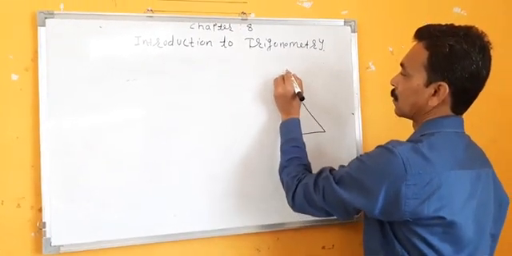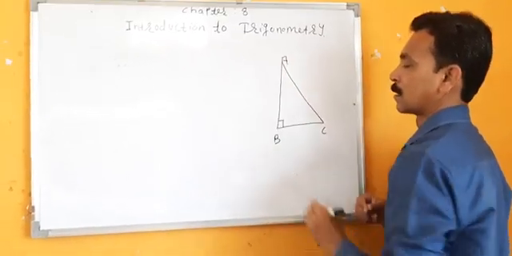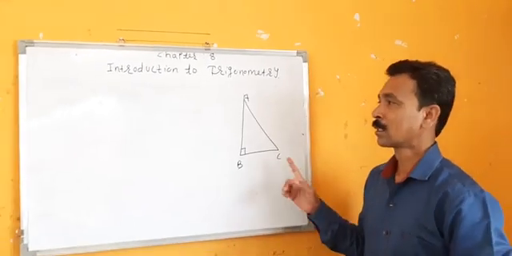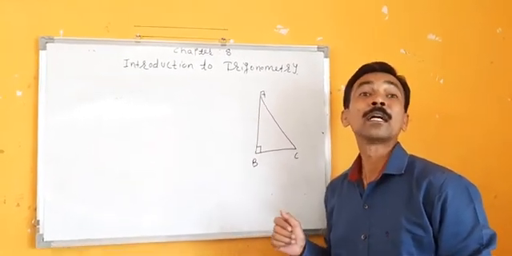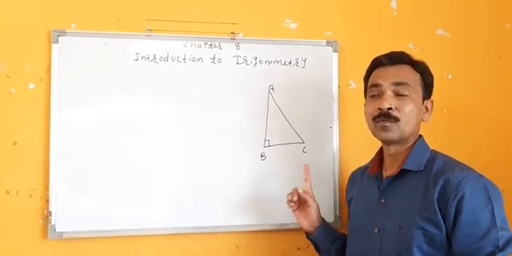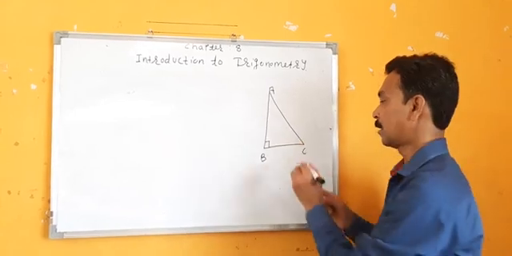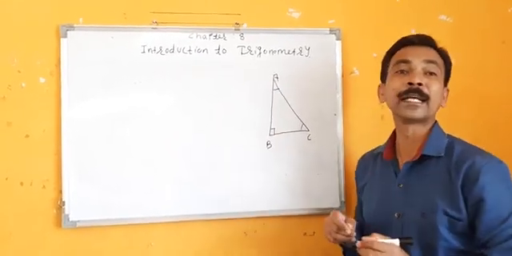See this angle A, B, C. This is 90 degree. You have to keep in mind that trigonometry cannot be imagined without a right angle triangle. But at the same time, we cannot find any angle using 90 degree.